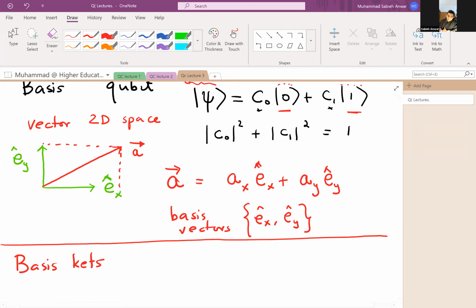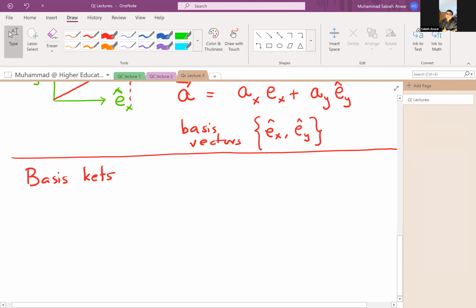Now, we also know that vectors can be written as column vectors in linear algebra. So if I were to define ket 0, which is one basis vector, and ket 1, which is another basis vector, by a column vector, I can write this in the following fashion.